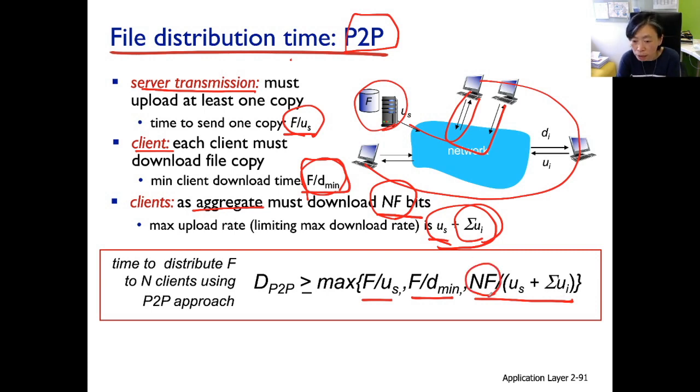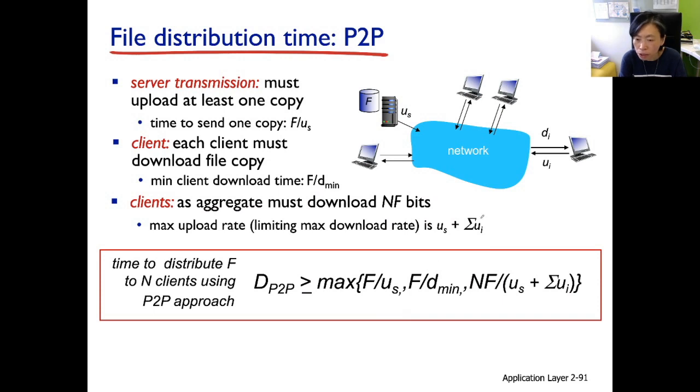So NF bits need to be passed out over the entire uplink capacity of the system. The distribution time is bounded by one of these three terms.